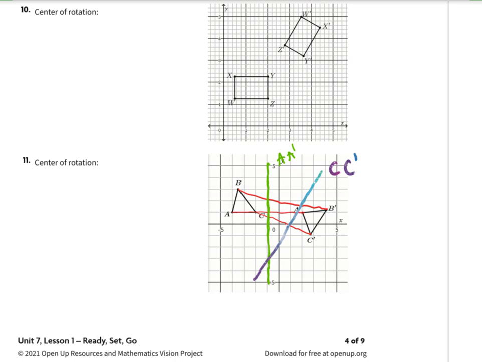And then we got one more for B and B prime. And we'll just do black for that. And it's obviously going to connect here, looks something like that. Okay, so you should be constructing these to get a more exact value. We do know that the center of rotation for these is going to be somewhere around negative 1, and it looks to be somewhere around negative 3-ish.